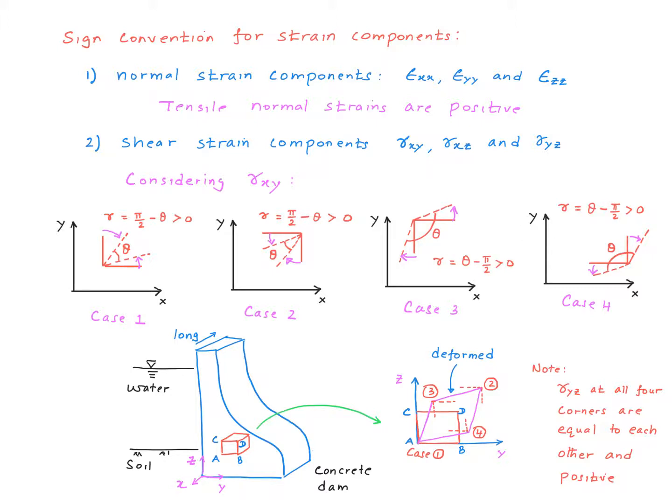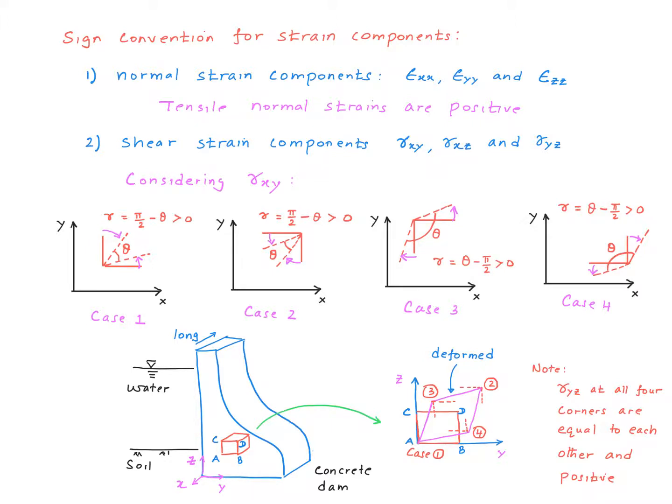Why? Well, if I look at point A, there are two perpendicular lines, one of which is in the direction of the positive y-axis, the other one is in the direction of the positive z-axis. So this is exactly like case 1 over here. If the angle decreases from its original value of 90 degrees, then the shear strain according to the sign convention is positive.